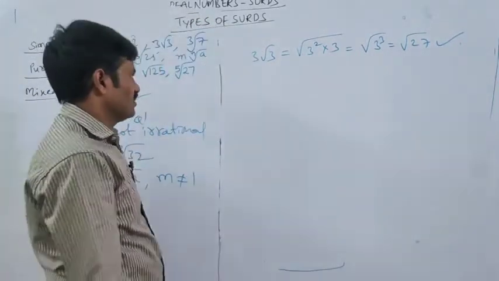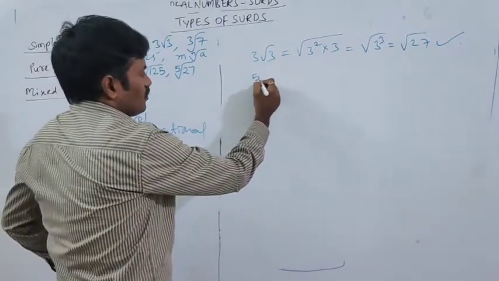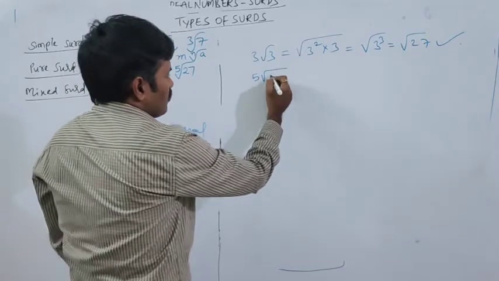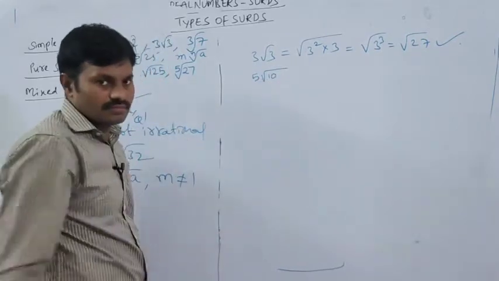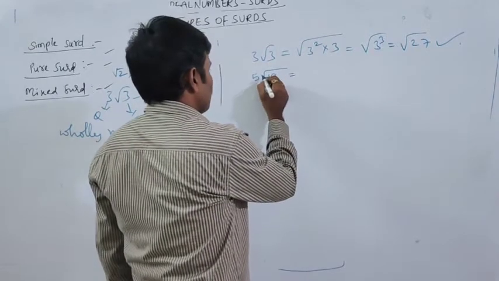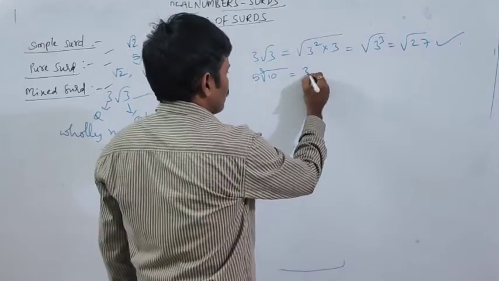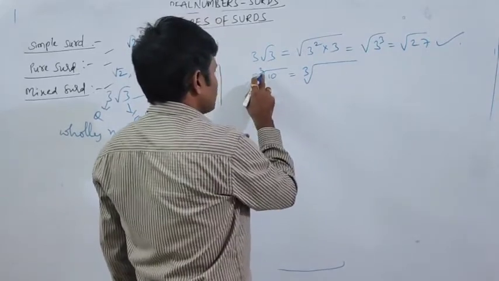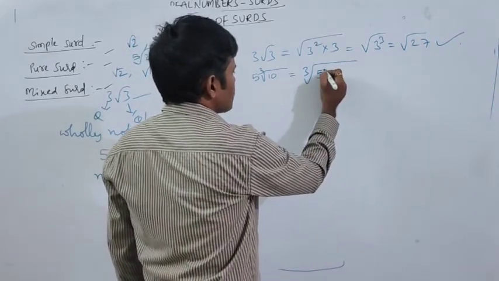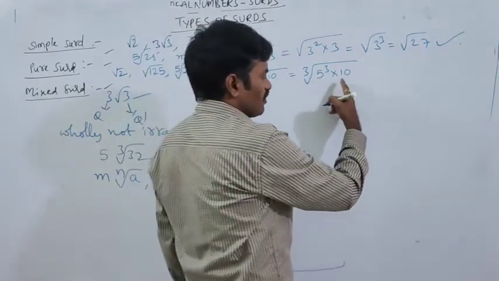Now it is a pure surd because the coefficient of the surd is 1. Is it clear? So like this we can express 5 into root of 10. This we can also express. Or if I take 5 into cube root of 10, how to write it? The order is 3, so 5 I have to multiply by itself 3 times into 10. So 5 into 5 into 5, 125.